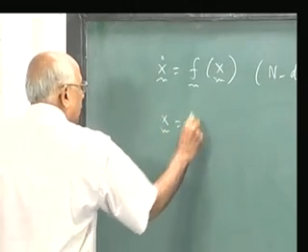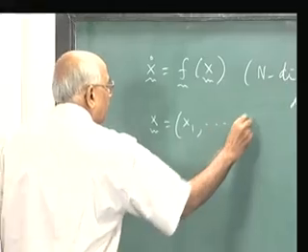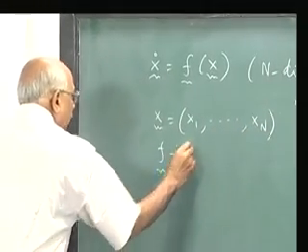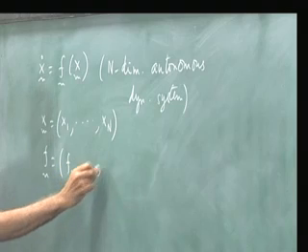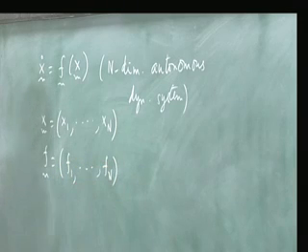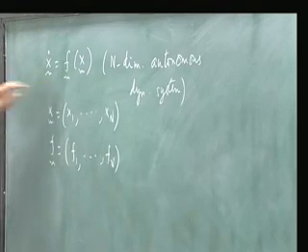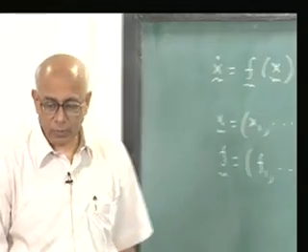The vector x stands for a set of n variables and f is a vector field in this n dimensional phase space, and at each point the significance of f is that it tells you the velocity of the point in phase space, the x dot. X is the position of a point in phase space and x dot is its velocity, a change with time.